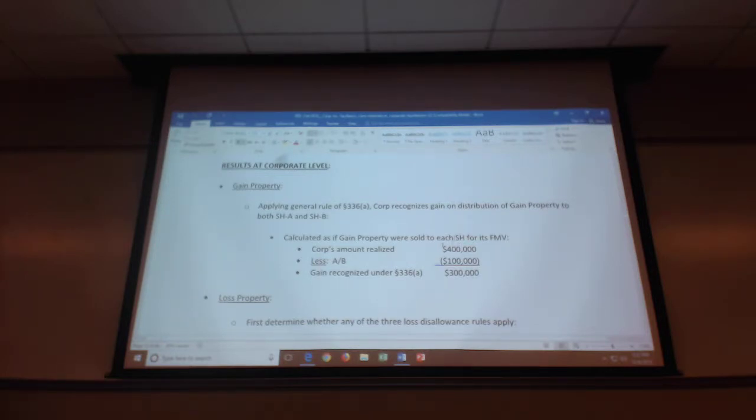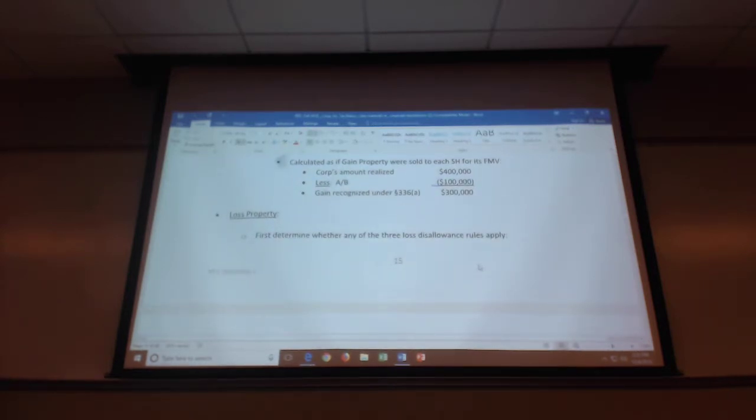So here, fair market value of $400,000, basis of $100,000. The corporation recognizes gain on the distribution of that asset. Doesn't matter how that was distributed, whether it was pro rata, non-pro rata, to a related party, to an unrelated party. Well, if it was distributed to a related party, it might affect the character of the gain, but it doesn't have any implications for the analysis of the loss property.